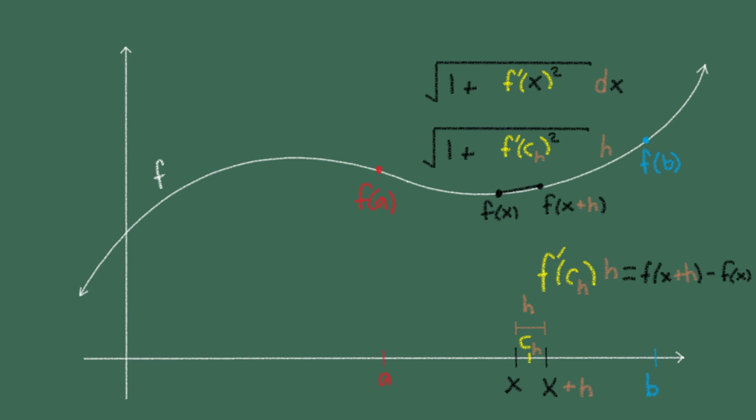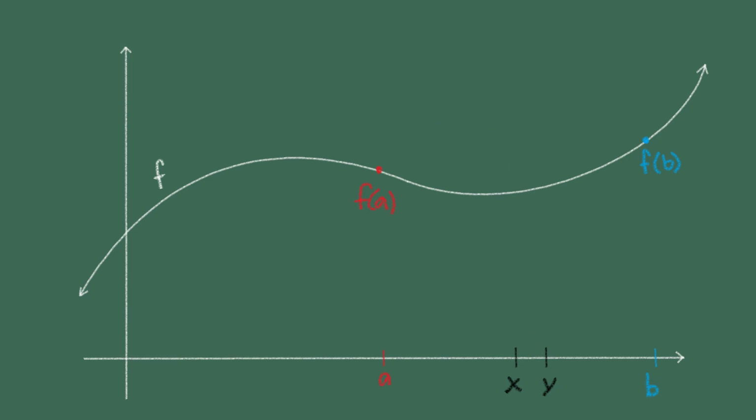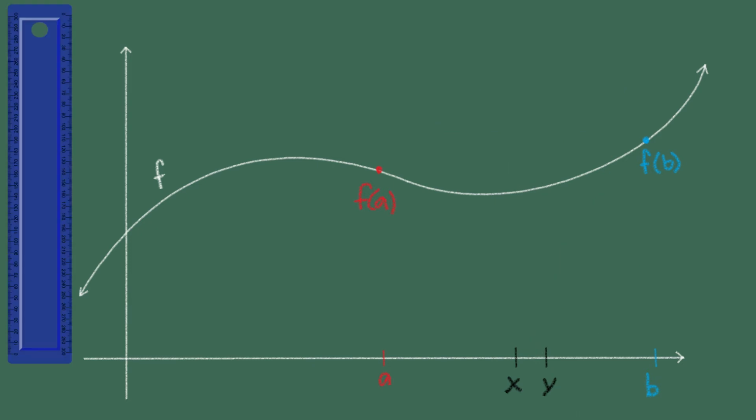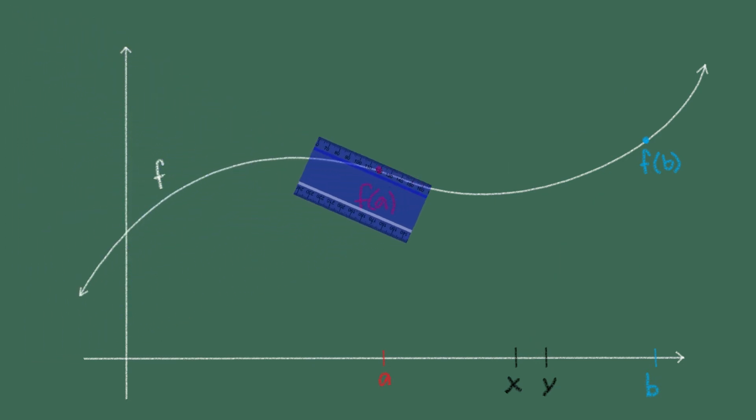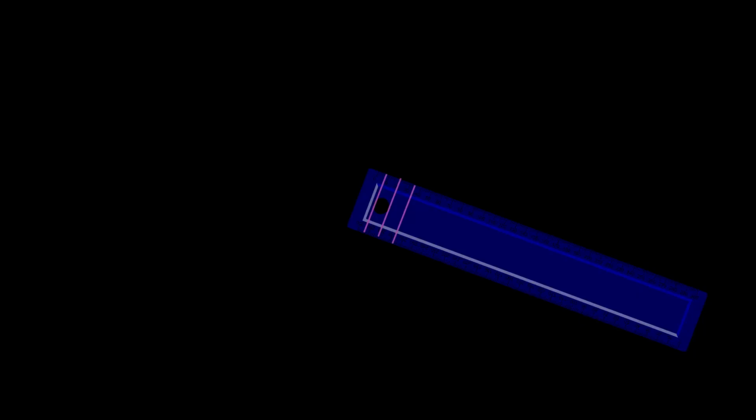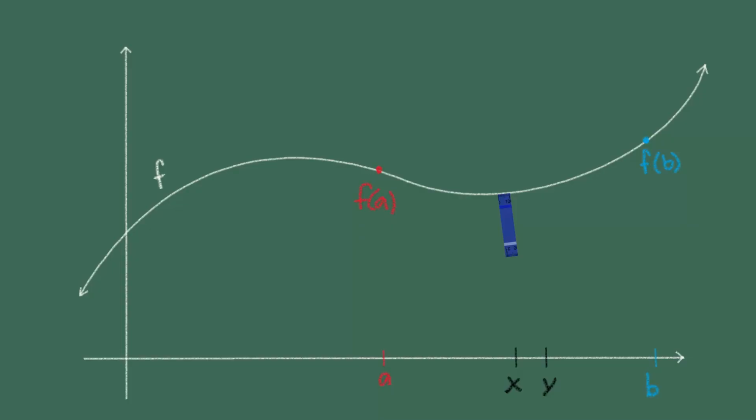Reminding ourselves that h is simply delta x, the distance between x and x plus h. That's why we get dx instead of 0. What this means is that our ruler can measure the infinitesimal arc length over the point x. Essentially, we chopped our ruler into razor-thin slices and can put a slice of our ruler exactly on the point x, f of x.